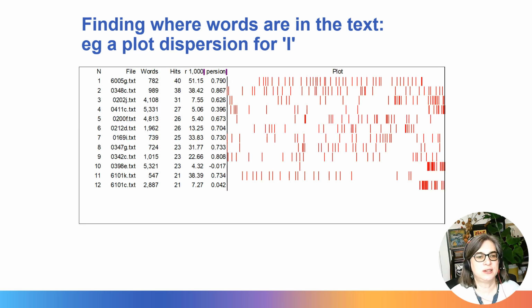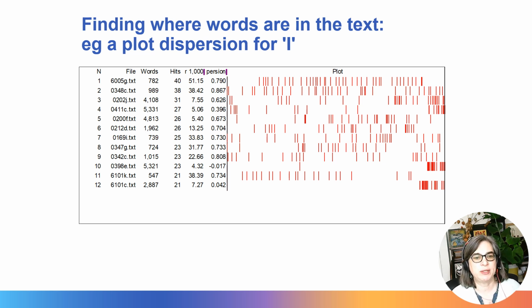This slide shows a plot dispersion, also generated by Wordsmith Tools, in which we can see the use of the first person singular, or I, across 12 texts. So going from left to right, you can see the number of the text, the file name, the number of words in the text, the number of hits or occurrences of I, the same information per 1,000 words, and finally the dispersion.